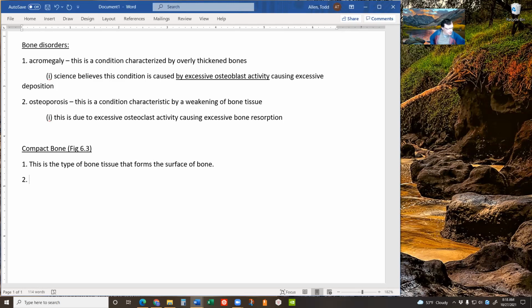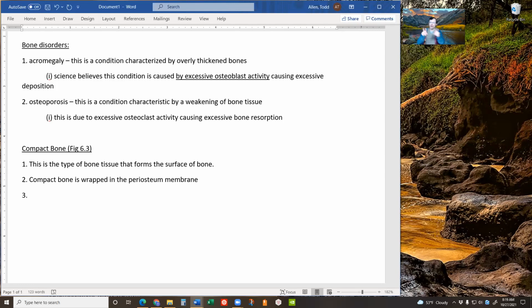If you look carefully at figure 6.3, the primary big image in the center of the page, image A as in apple, at the bottom of that image you see two brackets. On the left side, you see spongy bone. And the larger of the two brackets says compact bone. On the right side of the compact bone, I highlighted the periosteum. So compact bone is wrapped in the periosteum membrane.